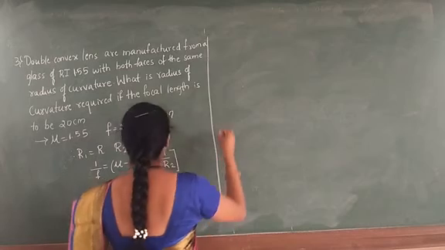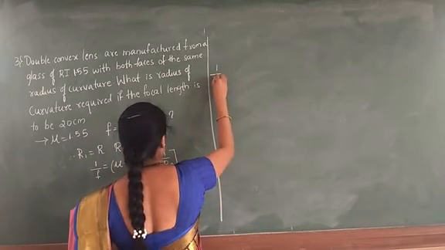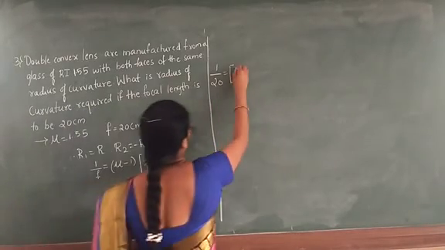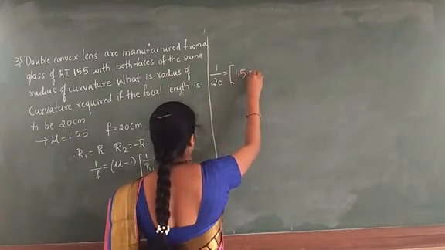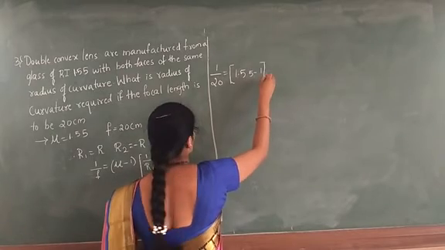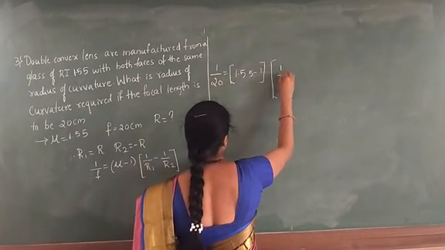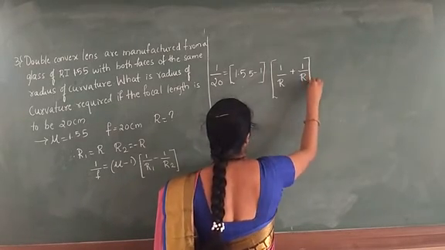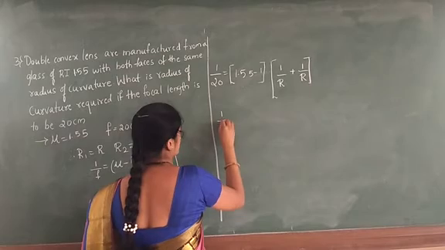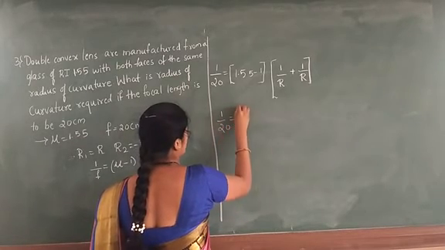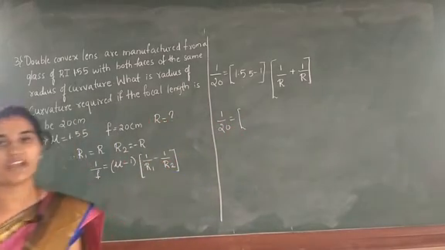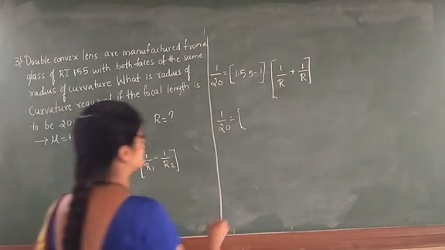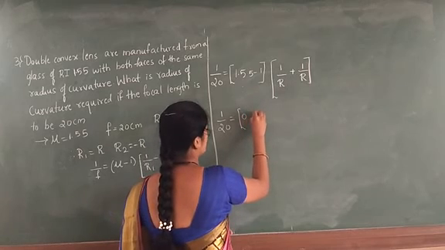Next, put all the values here. 1 by f is equal to 1 by 20 is equal to mu, that is 1.55, minus 1 into 1 by R1, that is R, plus again 1 by R. Now calculate 1.55 minus 1, and the answer we are getting is 0.55.